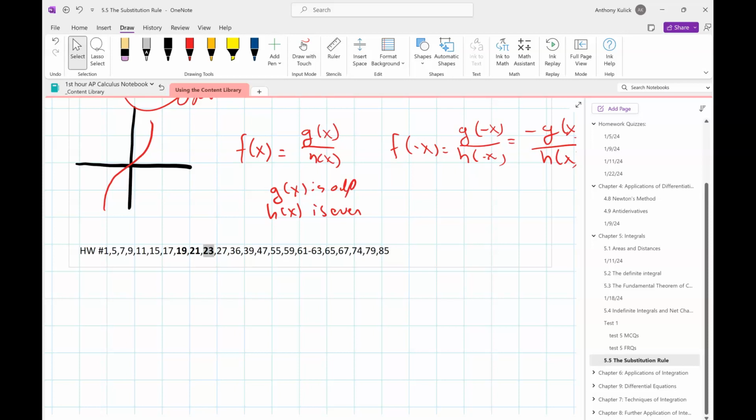Do we do polar coordinates later? We do not do polar in the AB course. That's a BC problem. We do a little bit of BC stuff, but not a ton.